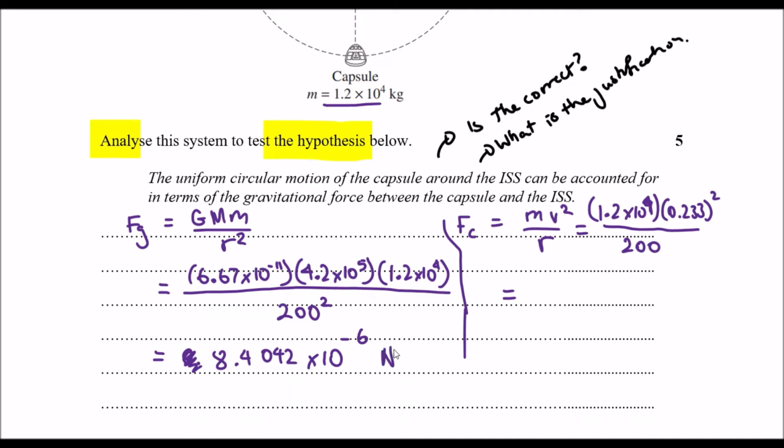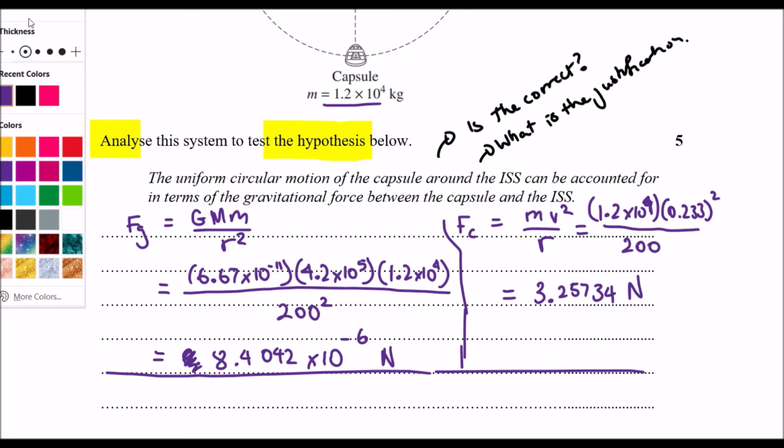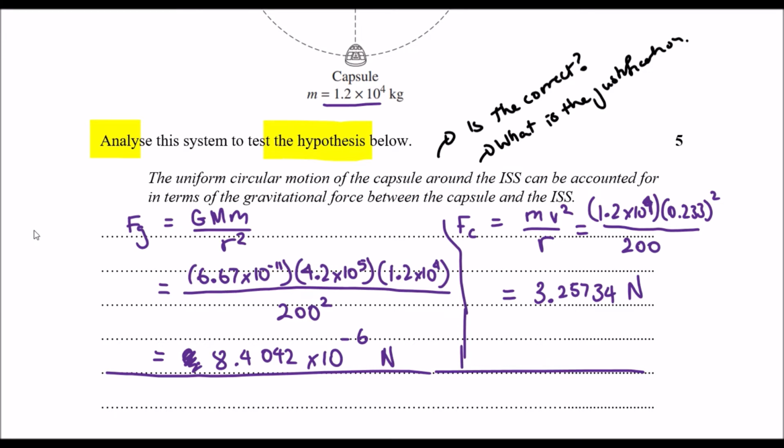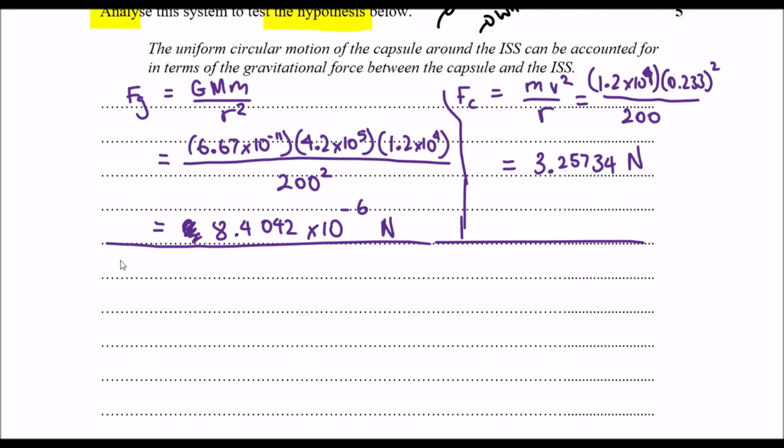So that's in newtons, and then this is 3.25734 newtons. So clearly from our results here, the gravitational force is not equal to the centripetal force. So from the calculations, Fg is not equal to Fc.